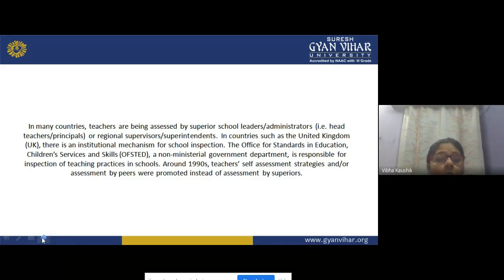Self-assessment strategies or assessment by peers, or the assessment of mine can be taken by my peer group members instead of assessment by supervisors. Means the assessment by supervisors is not ruled out, but there is a change, that instead of assessment from the principals or administrators, we should focus on self-assessment strategies and assessment by peers.